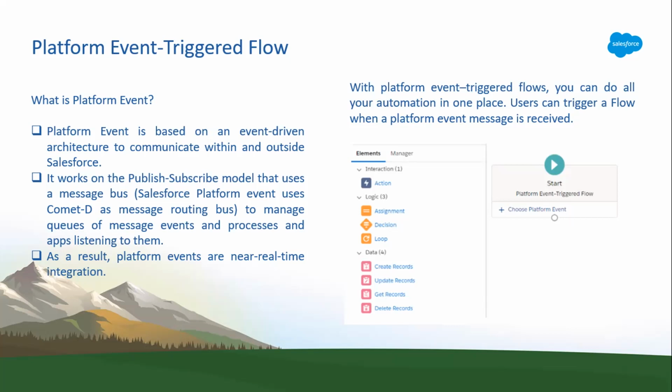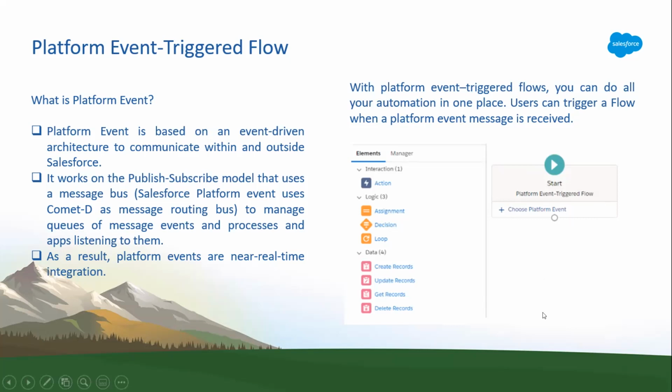So in the platform event trigger flow, you can do all your automation for what should happen after the platform event message is received. Here is how the platform event flow looks.